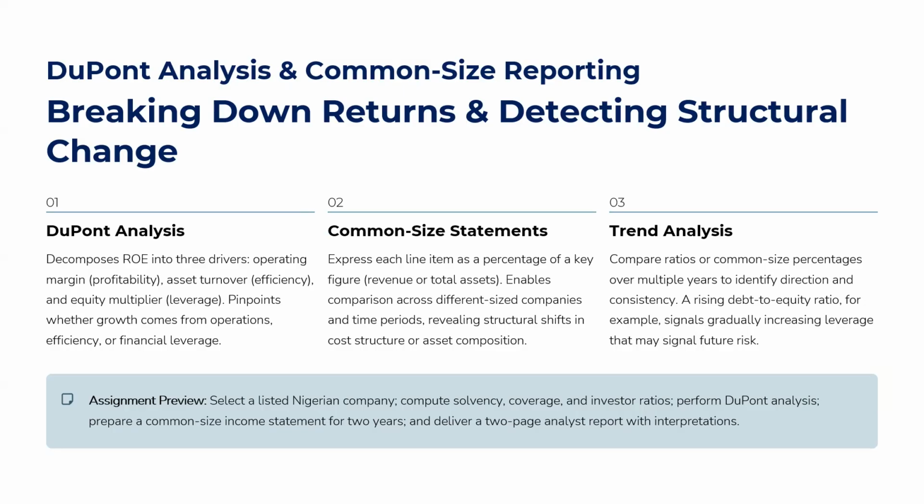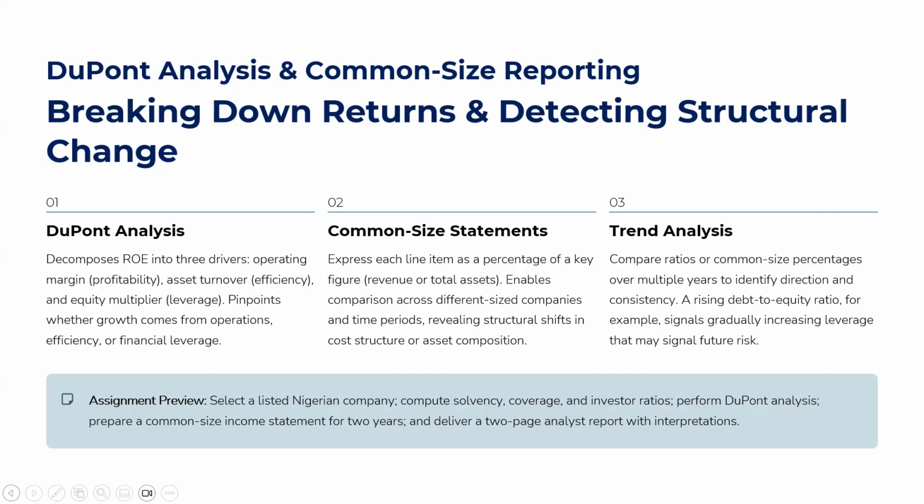All right, so quickly, we'll look at the DuPont analysis, and we'll also look at common size reporting. Here we'll be able to break down the returns and detect structural change. The DuPont analysis helps us to decompose our return on equity into three drivers.